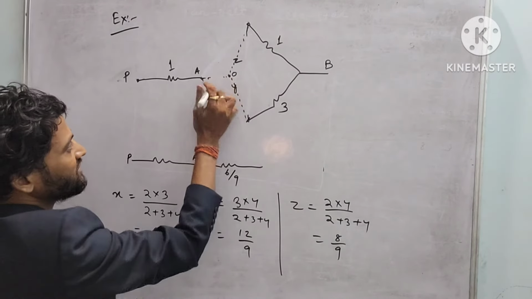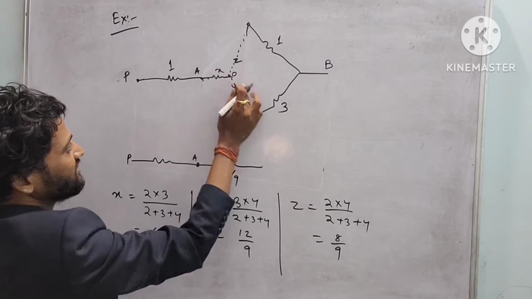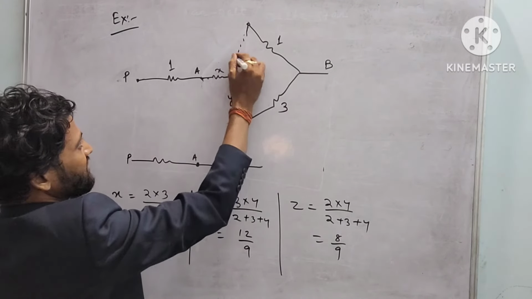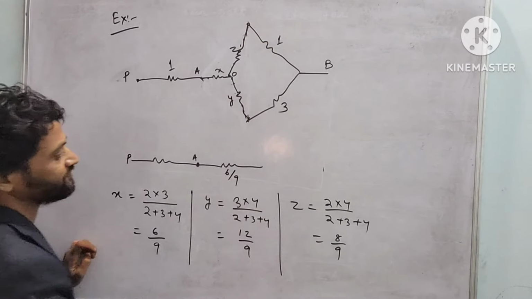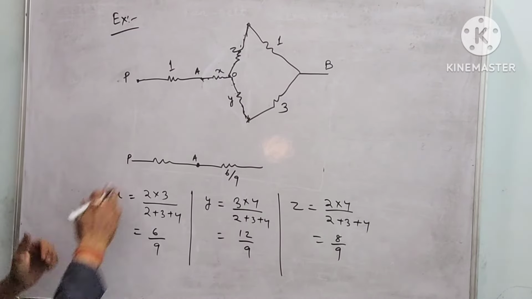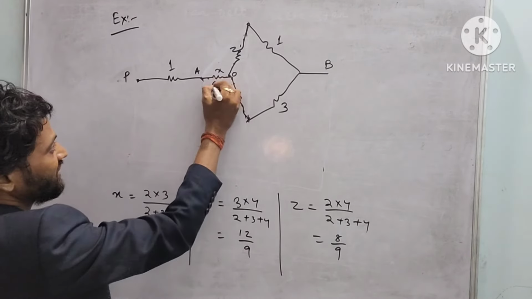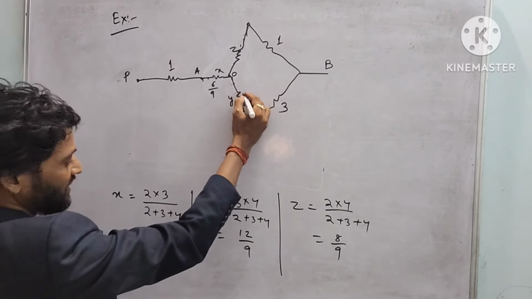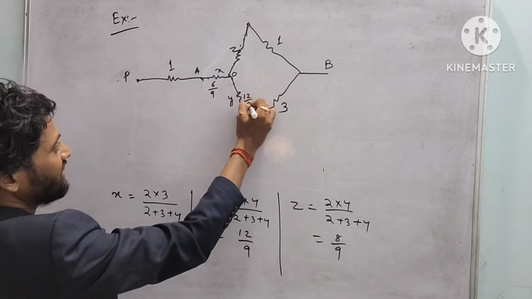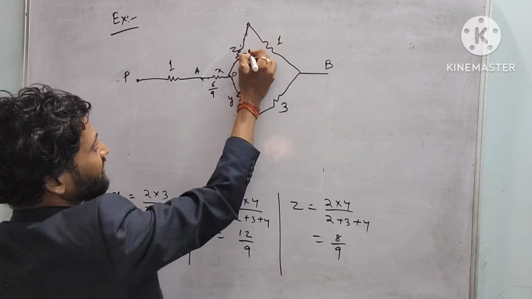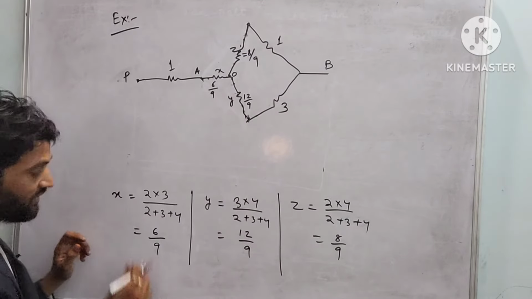So this resistance becomes X, this one becomes Y, and this one becomes Z. The value of X is coming 6 by 9, the value of Y is coming 12 upon 9, and the value of Z is coming 8 upon 9, right?